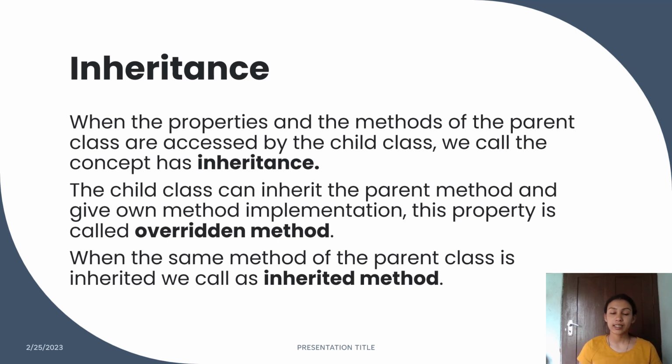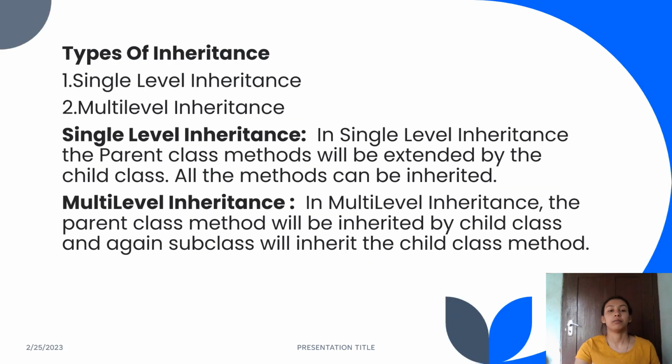Also, the child class can use that function in that particular child class, and it can give its own implementation. This is an overridden method. And when the child class uses the same function as defined in the parent class, we can call this an inherited method.